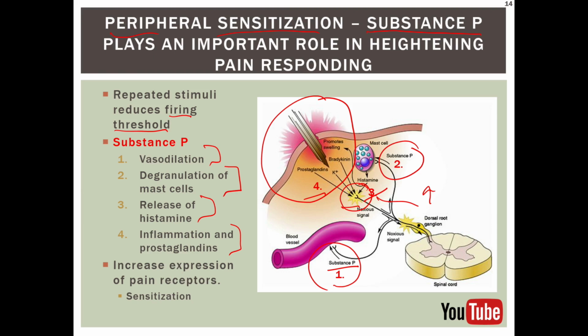Sunburn is an example of when peripheral sensitization might occur. If you think about it, when you've had a sunburn, that area becomes very, very sensitive to touch. There's an adaptive response that has occurred in that tissue as a result of substance P release that causes the receptors, pain receptors and sensing receptors in those areas to become more pronounced, sending more signal and making that area very, very sensitive to touch.